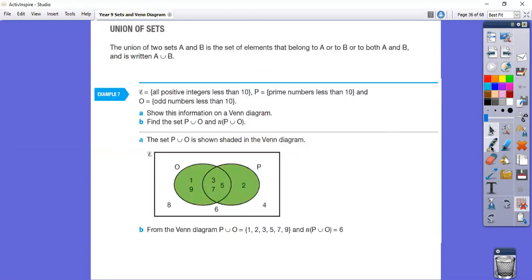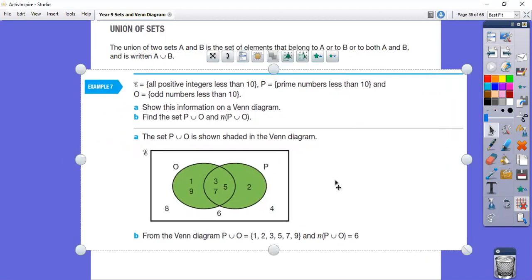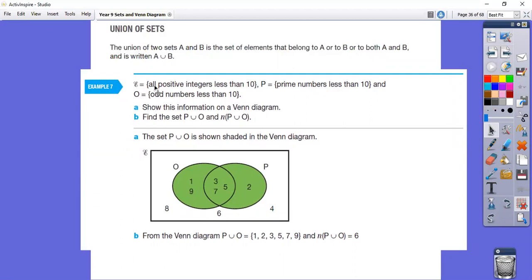The union of two sets A and B is a set of elements that belong to A or to B or to both A and B, and as we said, it's written as A union B. So if we look at this example, it says the universal set is comprised of all the positive integers less than 10, and the set P has all the prime numbers less than 10, and set O has all the odd numbers less than 10.